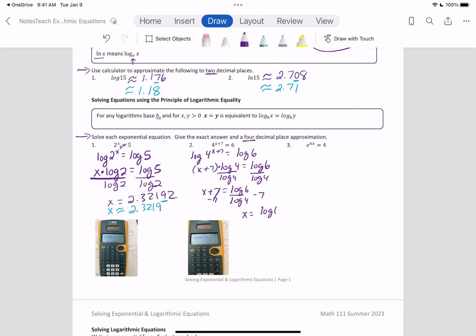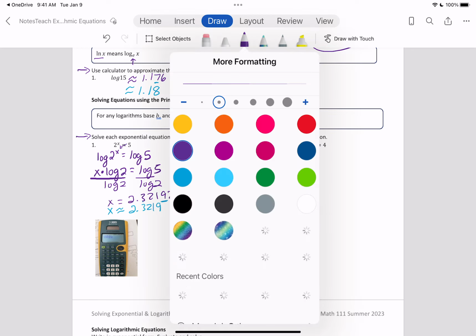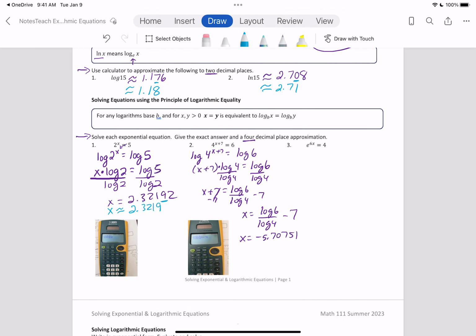So I get log of 6 over log of 4 minus 7. And that's what you're going to enter into the calculator. When I did that, I got negative 5.70751. Then this is the fourth decimal place, so we're going to use negative 5.7075.